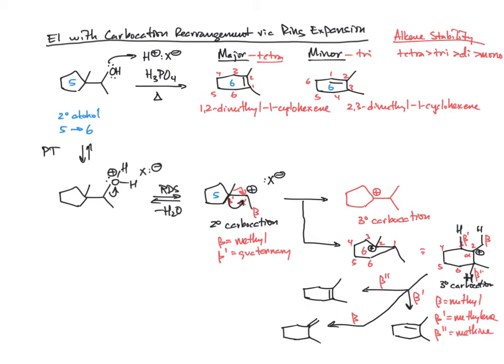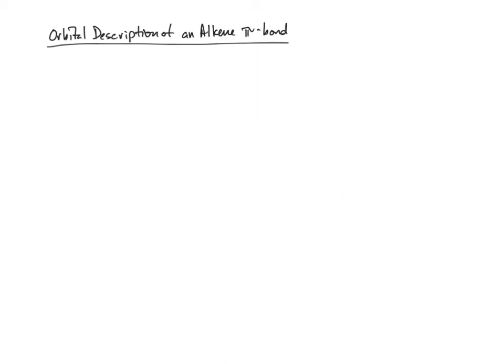So in the next slide, what we'll do is understand the stability trend by looking at actual calorimetry data and heat of hydrogenation. So let's take a moment to review the orbital description of a pi bond. We'll look at some general enthalpy changes for what constitutes breaking a pi bond, and then we'll actually look at the heat of hydrogenation, which is the addition of a molecule of H2 across the pi bond.